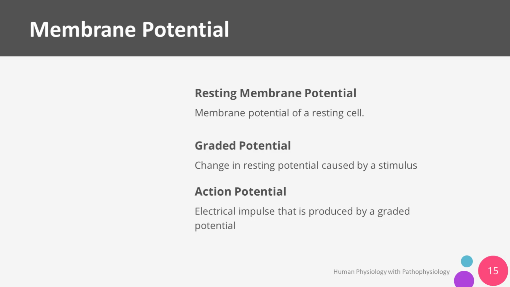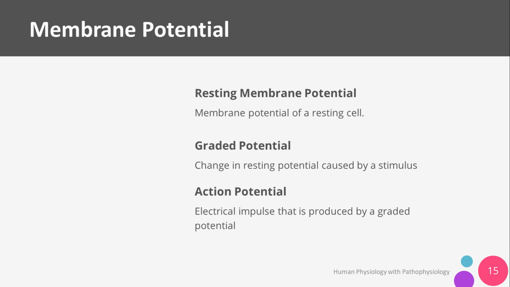The resting membrane potential is the membrane potential of a resting cell. The typical value for the resting membrane potential is negative 70 millivolts. A graded potential is a temporary, localized change in resting potential which is caused by a stimulus.